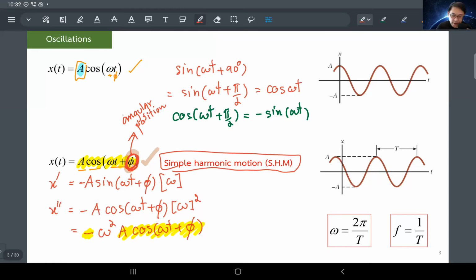But because we want to use the angle to specify the position on a sine or cosine type function, which is a periodic function, we name it phase, because with the knowledge of this factor phi, you can point to a point. You can specify a point on a sinusoidal curve.